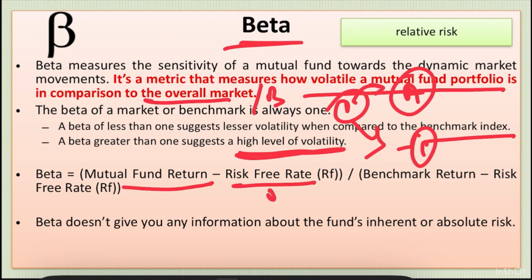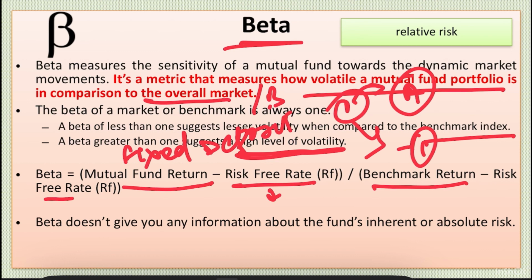The risk-free rate of return is on, say, fixed deposits, treasury bills or government bonds, where your risk is minimum and your return is 99% assured. Then it is divided by benchmark return minus risk-free return.